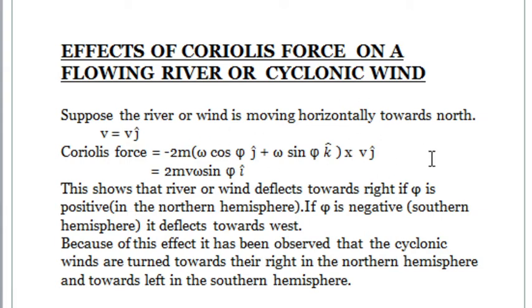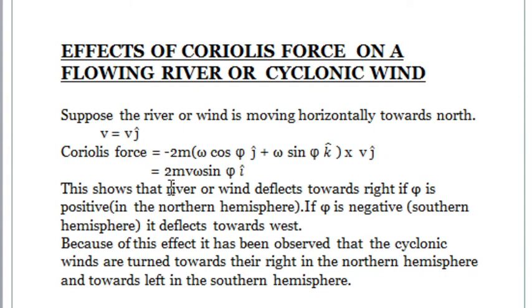By taking the cross product, the j component vanishes, so we get the sine component only. So, minus 2m into this term, the j term vanishes, and k cross j is minus I. So, that minus sign and this minus sign cancel out and we get a positive sign as a result.